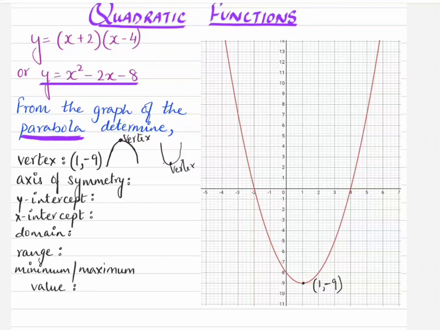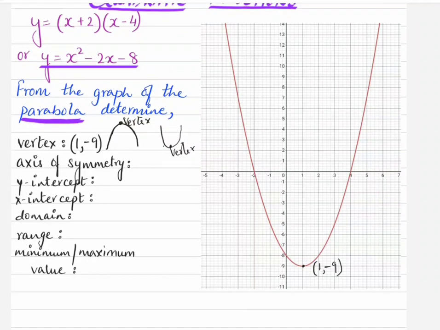Next point is axis of symmetry. So axis of symmetry is a vertical line, right? It is a vertical line that passes through the vertex and divides the parabola into two equal parts, right?